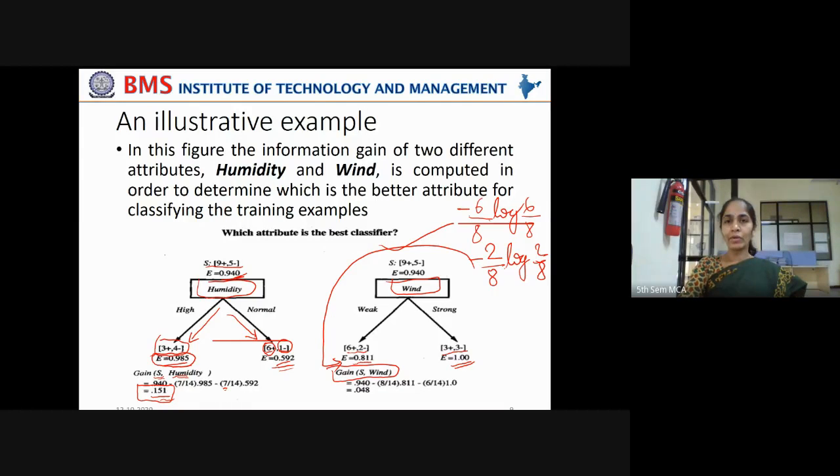Entropy of total training examples minus entropy when the wind value is weak minus entropy when the wind value is strong, each of them multiplied by the proportion of training examples for that particular value. So that will give you 0.048. Now among these two attributes, humidity and wind, which is having higher information gain?